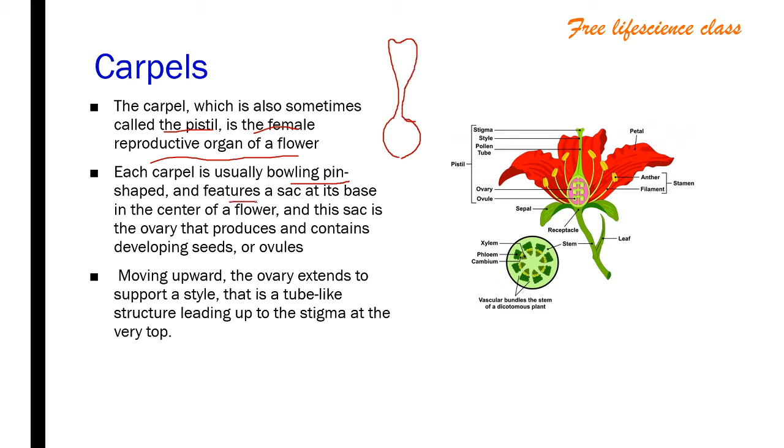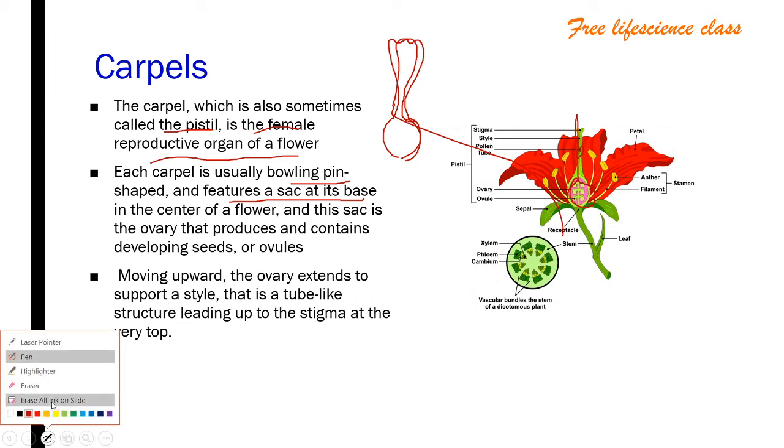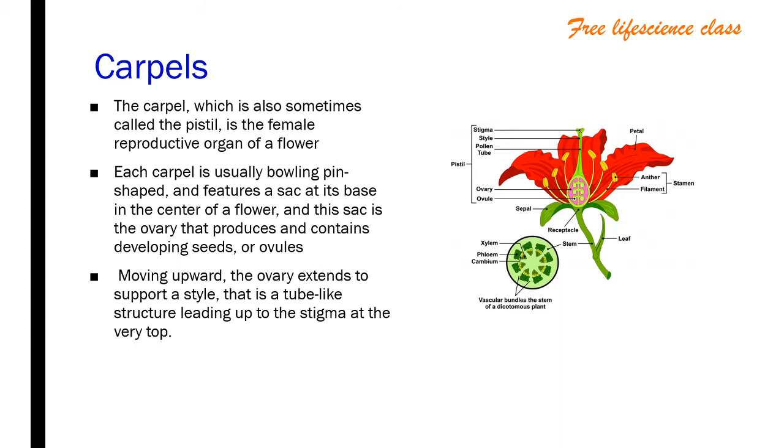It features a sac at its base. So it possesses a tube above and a sac below. Here in this picture you can see the sac below and the tube above. This tube is said to be the pollen tube, and the portion above is known as the stigma.